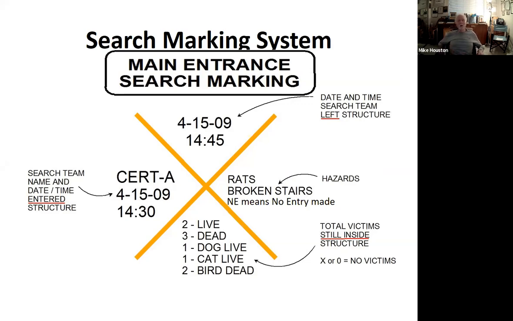You're looking at the slide I'm looking at. There's a slash of the X that goes from the upper right to the lower left. That's the first mark that you make on the outside of the structure. Make it so it can be seen by someone who may be driving by or walking by, riding by.